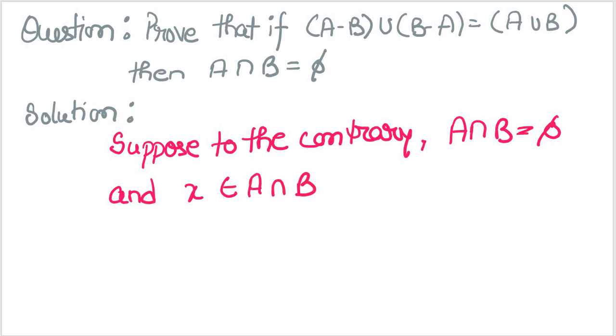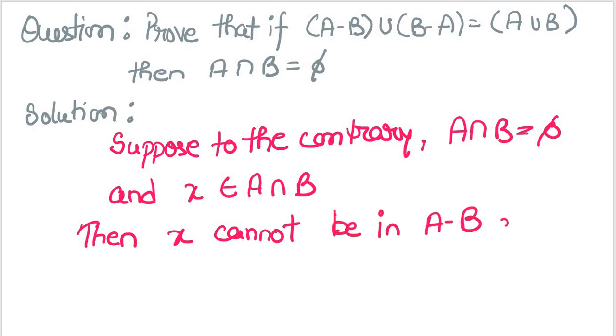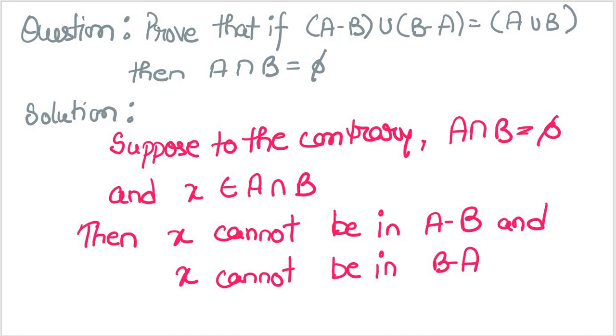In this case, then my x cannot be in A minus B undoubtedly, and x cannot be in B minus A, right? Because x is from this, I am getting that x is something which is a common element, right?